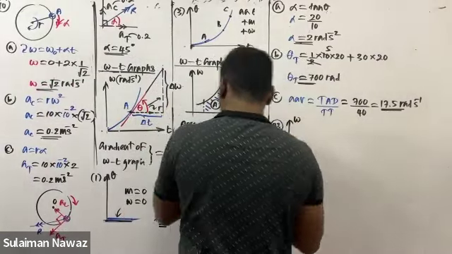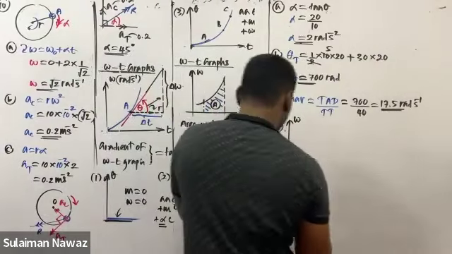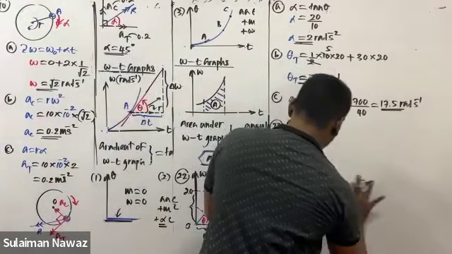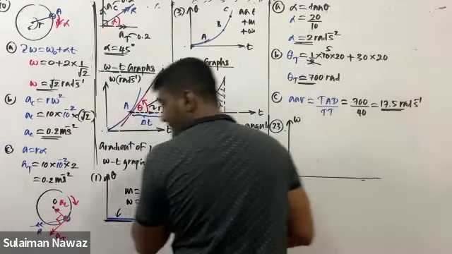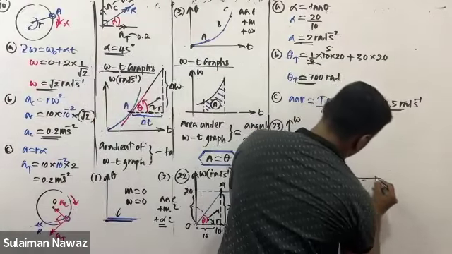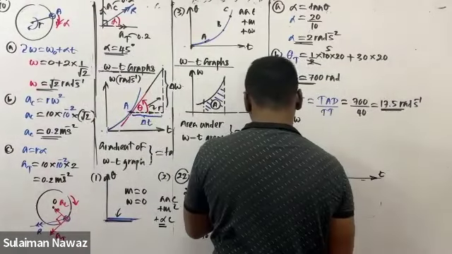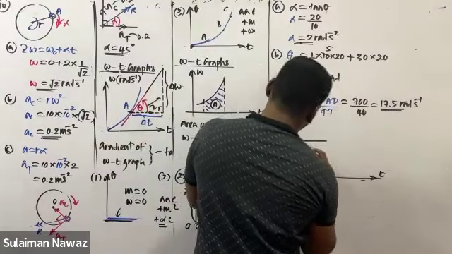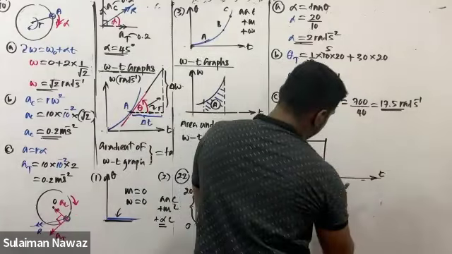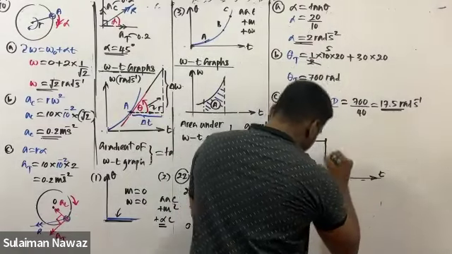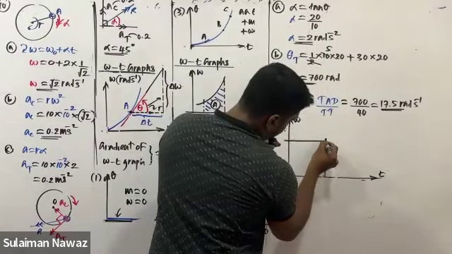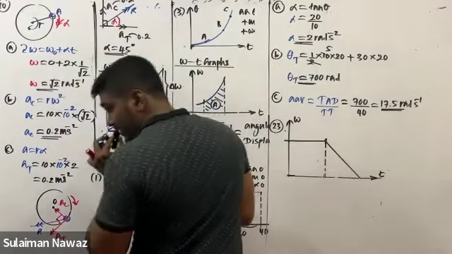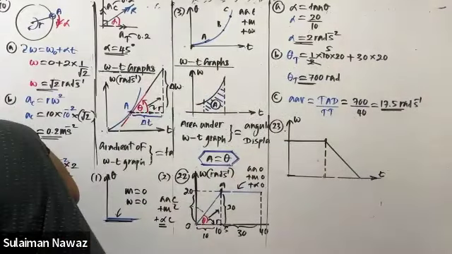Then omega. Okay, omega-t graph. Given data 10, 10, 30.